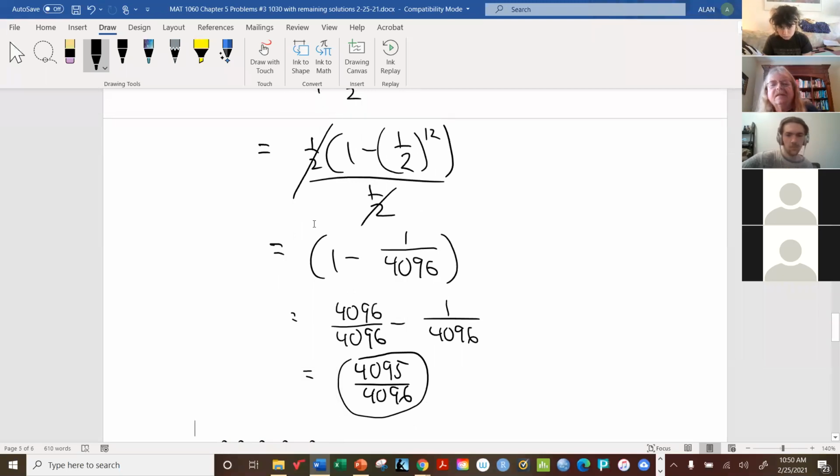So as we predicted, the number is small because we're dealing with fractions. All right. So again, it was a little tricky, but not too bad.